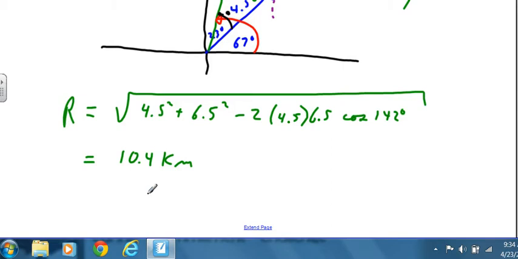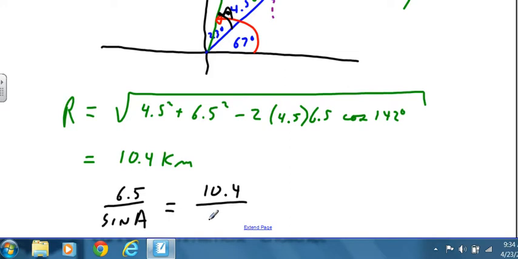So my angle A, I'm going to call that big A. All right, so A, which is 6.5, divided by the sine of A, is going to be equal to the 10.4 guy divided by the sine of 142, right? Yes, it is.